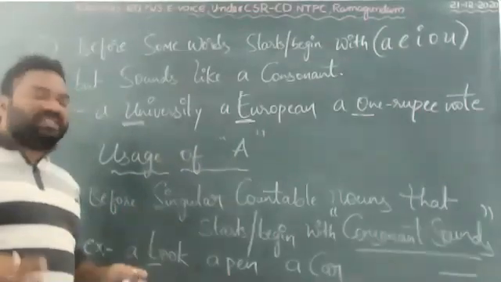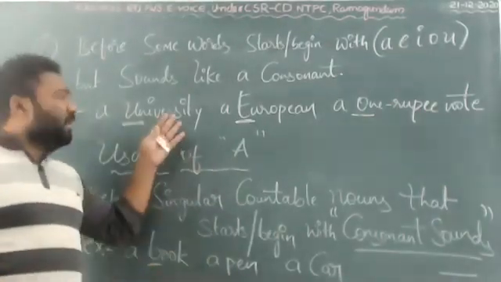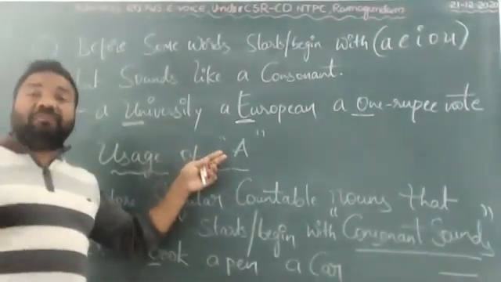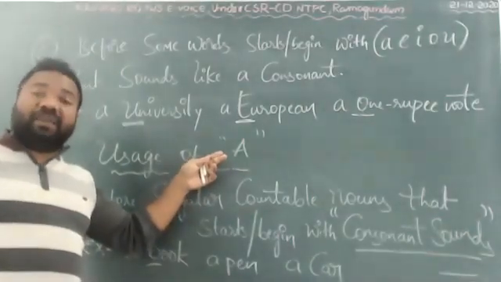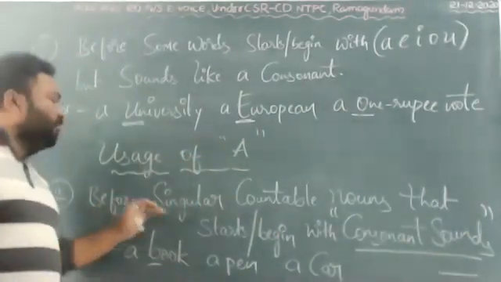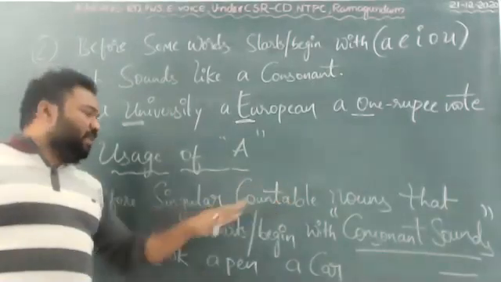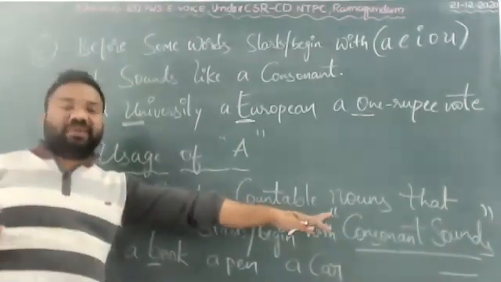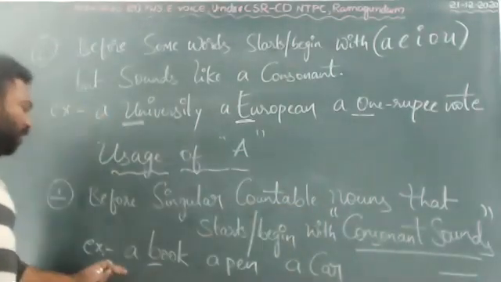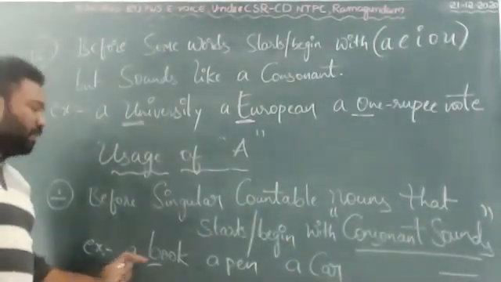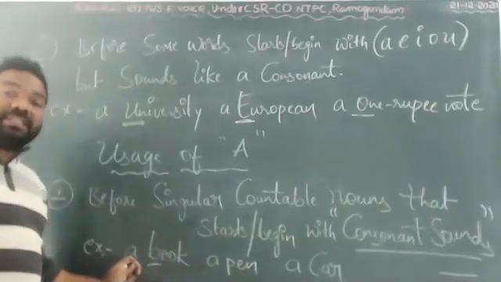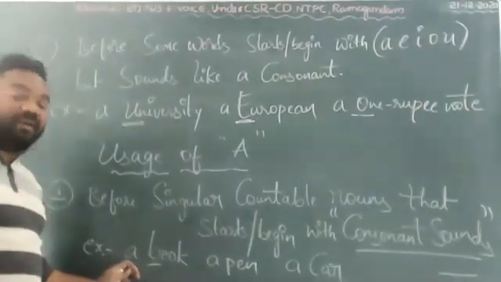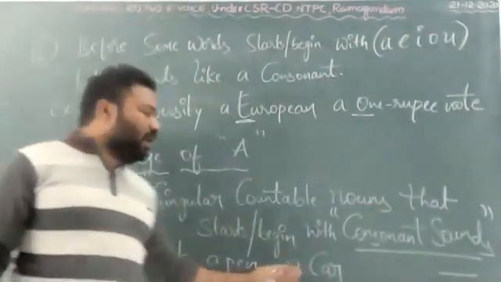First of all, students, let me finish learning about 'a'. So listen here. Before singular countable nouns that begin with consonant sounds. That is really important, okay? It must sound like a consonant: a book, a pen, a car.